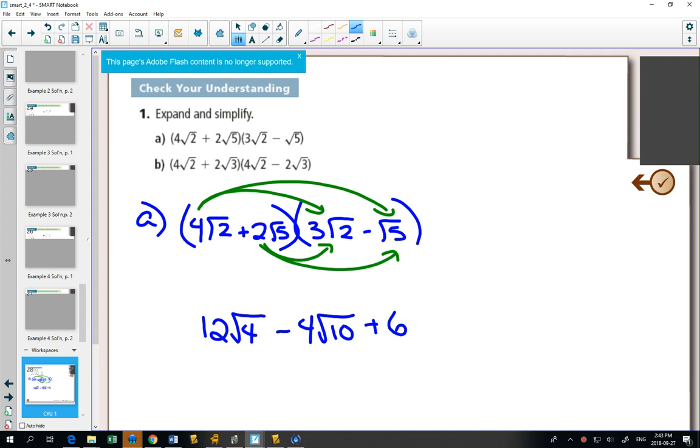Root 5 times root 2 will be root 10. And finally, I have 2 root 5s minus a negative root 5. 2 times a negative 1 would be negative 2. And root 5 times root 5 will be the square root of 25.